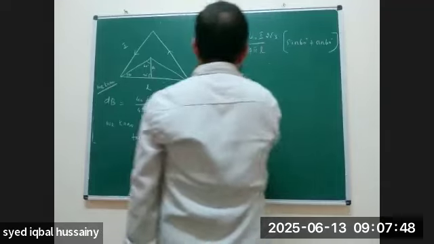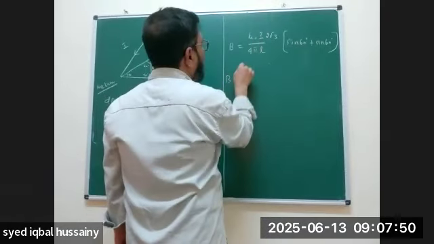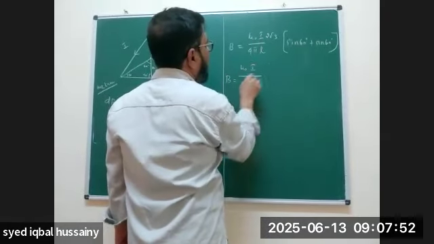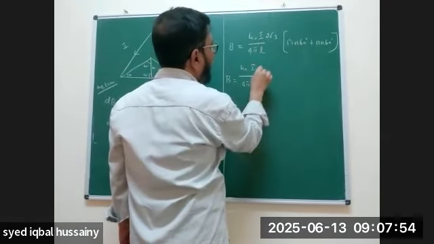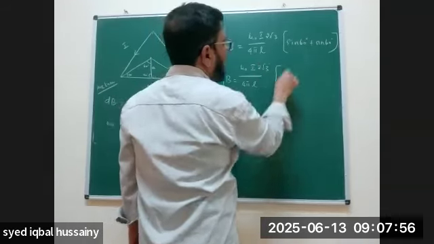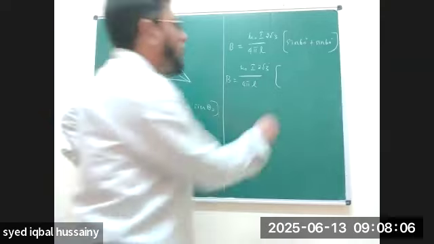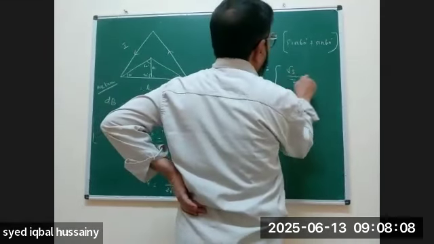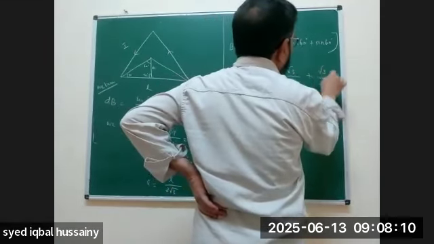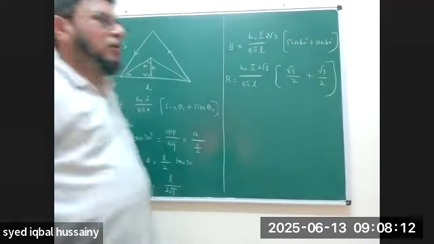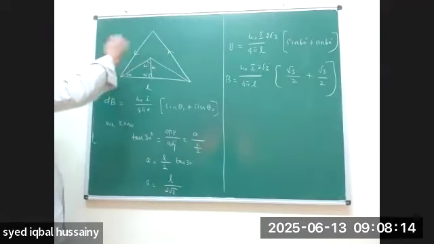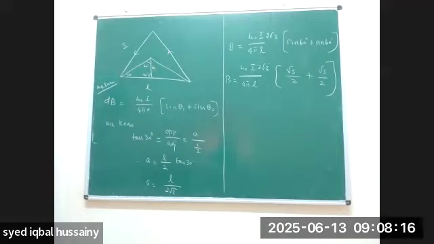So B equal to mu naught I divided by 4 pi L by 2 root 3. What is the value of sin 60? Root 3 by 2.